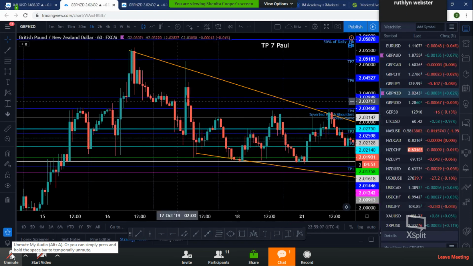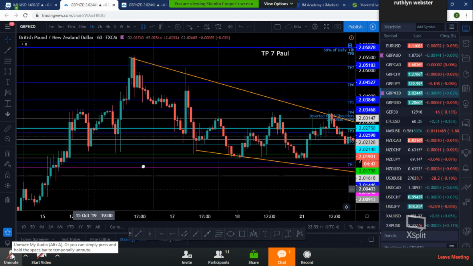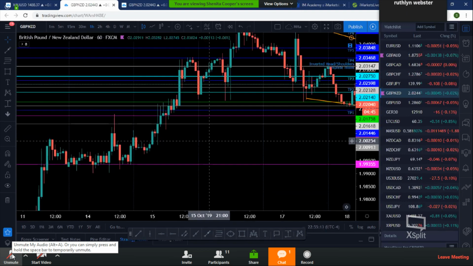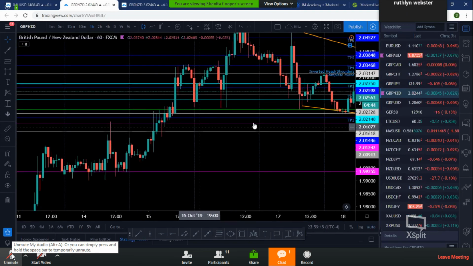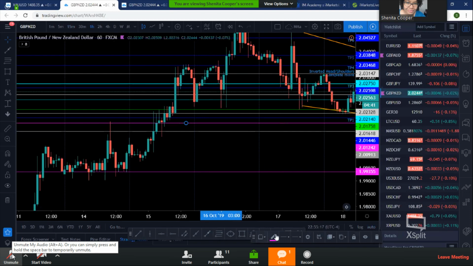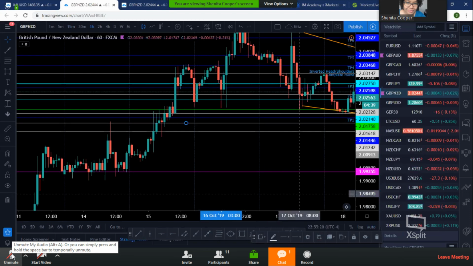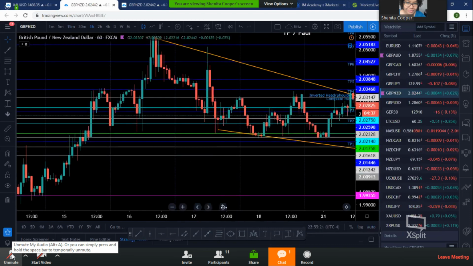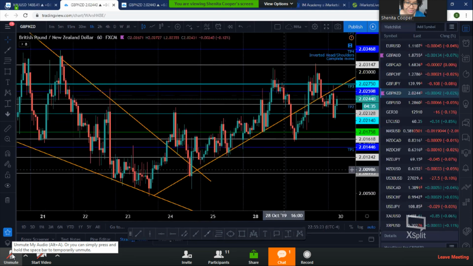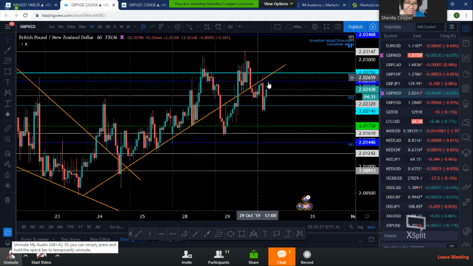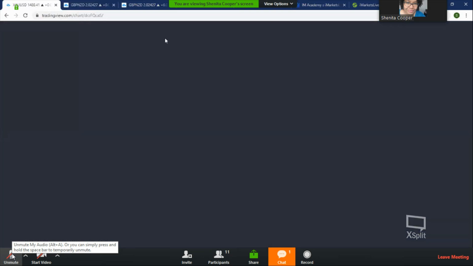Wow. I just turned these colors for somebody when I was showing them. And why do I keep it on my chart? Because it's structure and it's going to be my take profits whenever I had another one marked up.